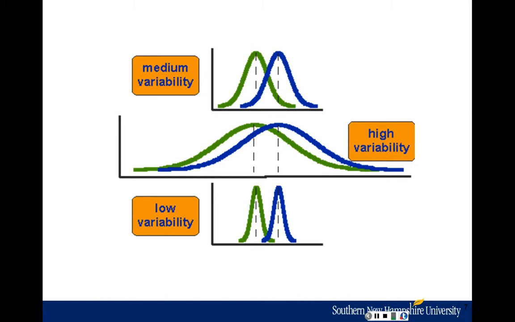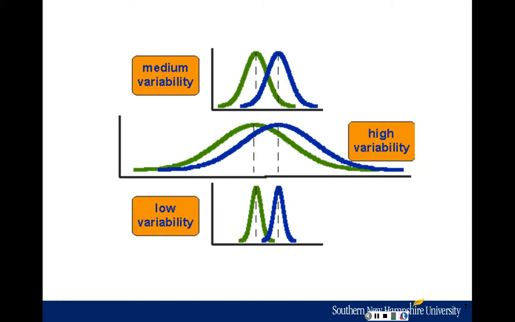There's not a lot of overlap, and of course there's not, because this is a low variability picture. It'll be easier to say there's a difference between the blue and the green groups when you have low variability, like in that bottom picture.